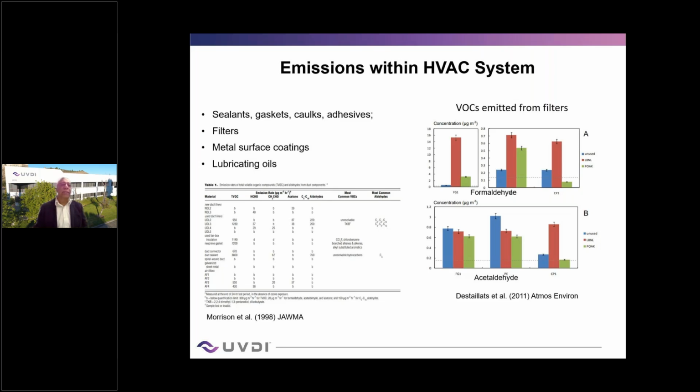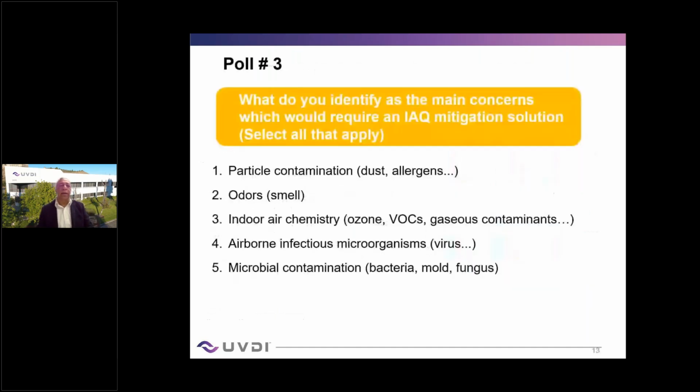I don't know if you can see this, but there's a study here which shows emissions from all the different components inside the HVAC system, and of course these are your main sources. You have coatings, you have lubricating oils and filters. So it's not just the VOCs coming from inside and outside, but even in the HVAC system, things which are used inside can emit.